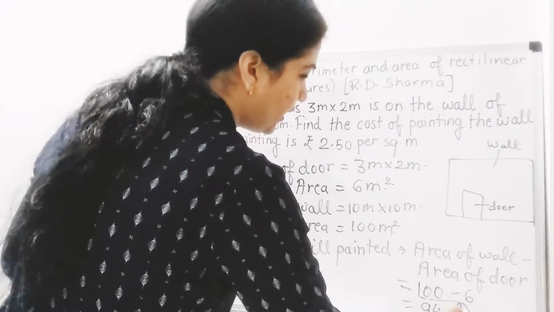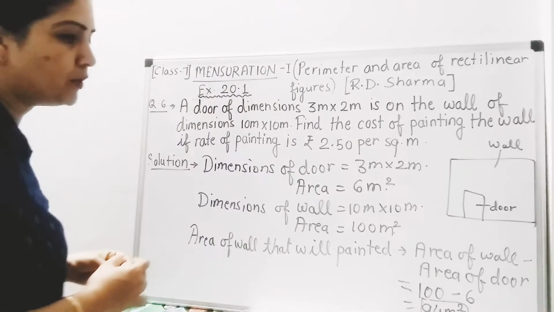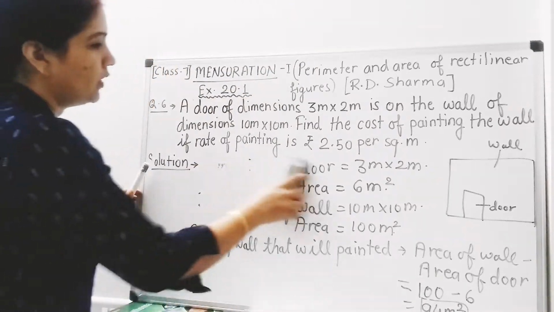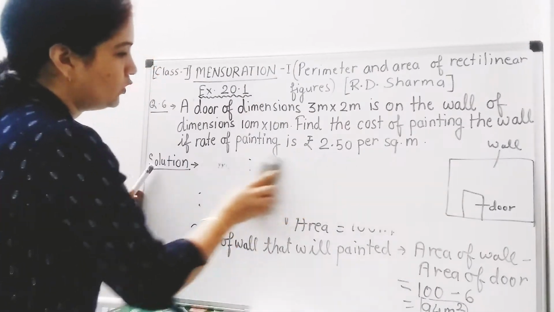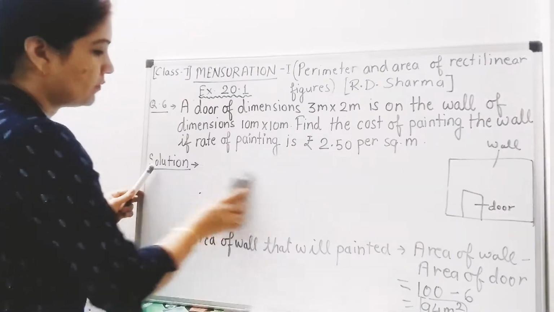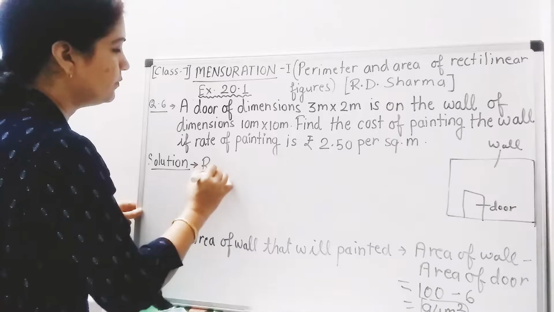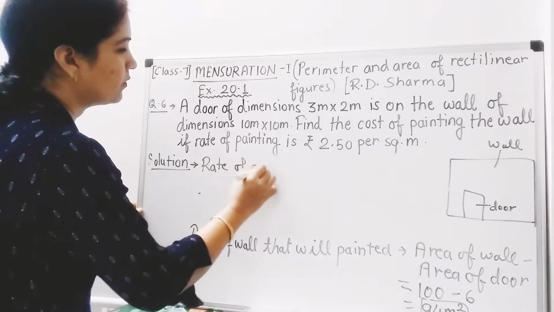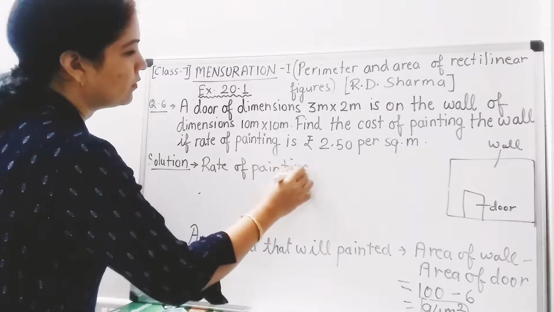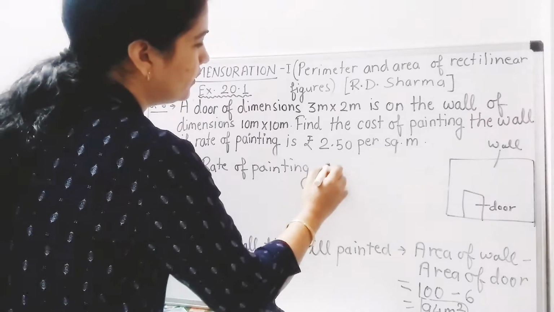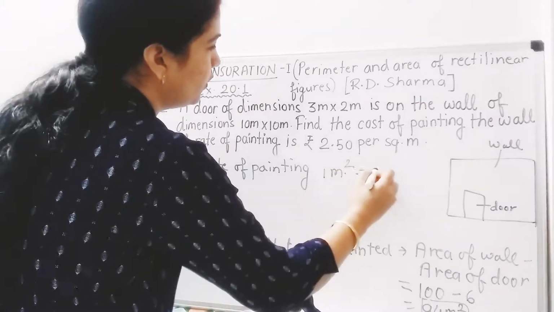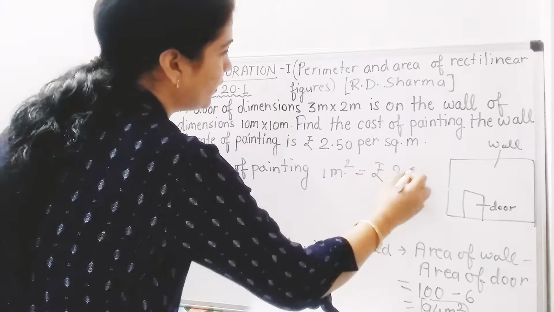Now this area's rate we have to find out. How much it will cost. Next we will write the rate of painting one meter square is equal to 2.50.